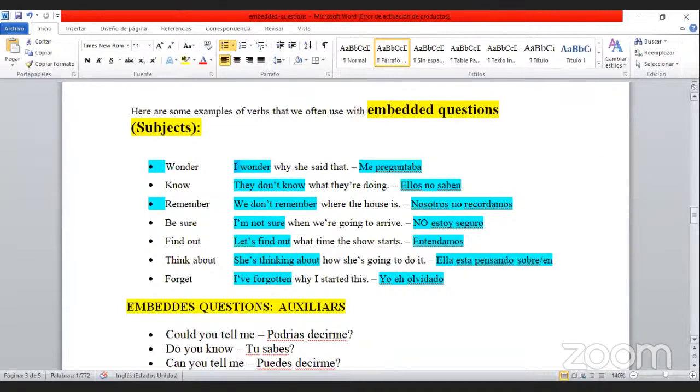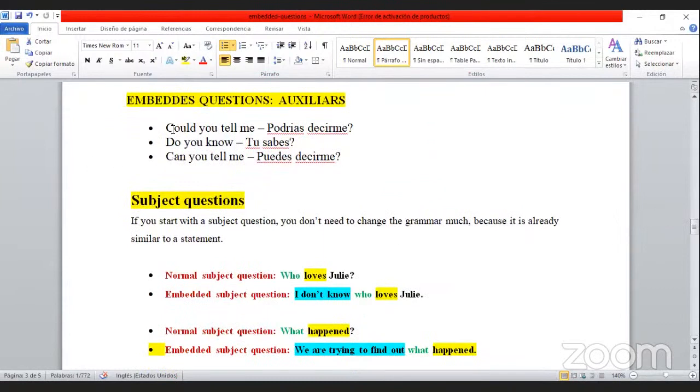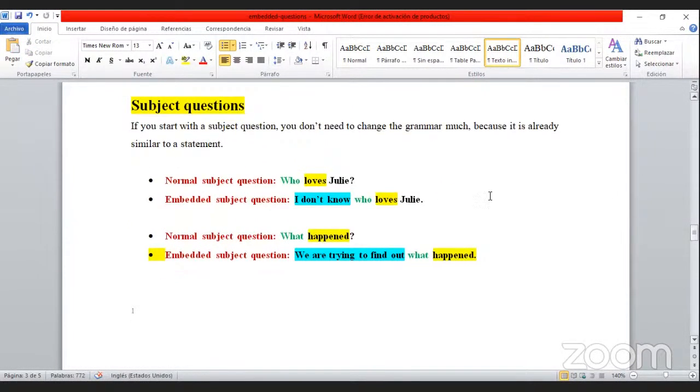And what about embedded questions with auxiliaries? We have, for example, could you tell me, do you know, can you tell me, because we are using auxiliaries, okay? And the last part, what happens, for example, when in a question we don't have subjects?